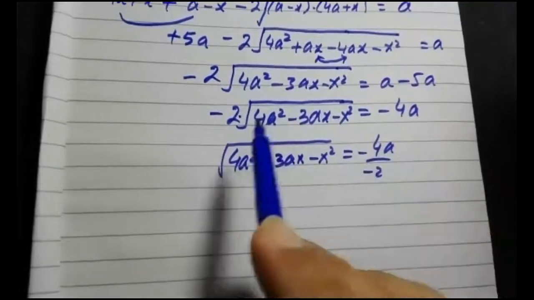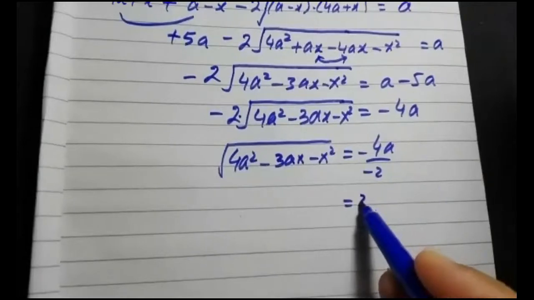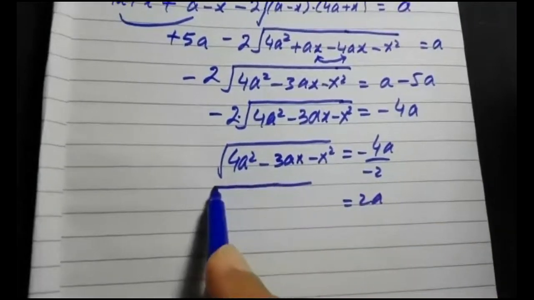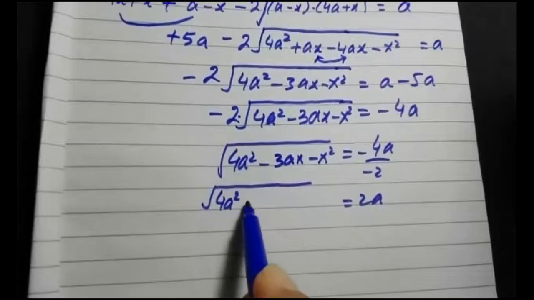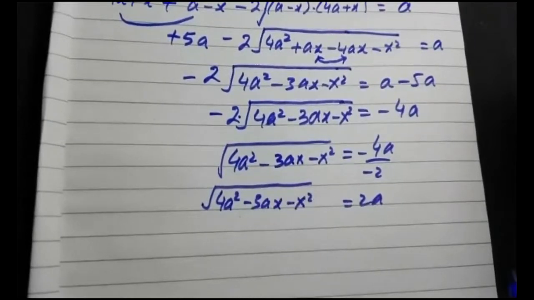After the cancellation, because this is cancelable, you will get 2a. And don't forget that we have to find the value of x only. So x is still within the radical sign.